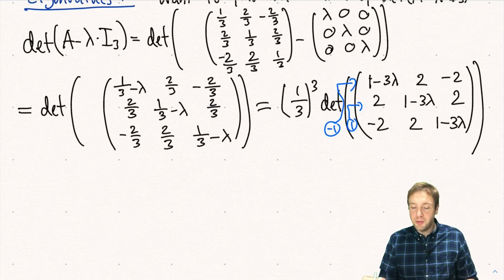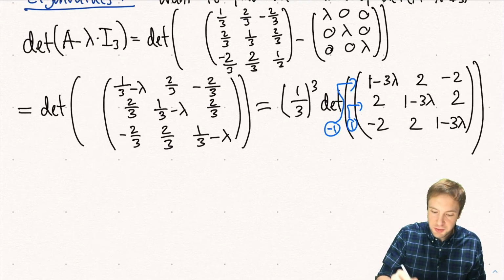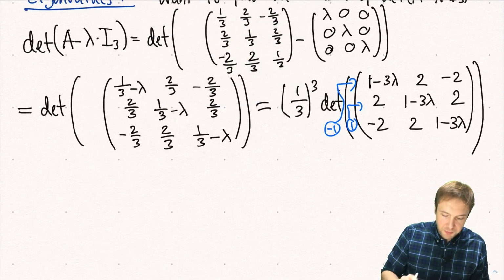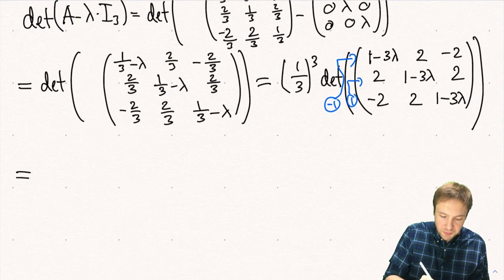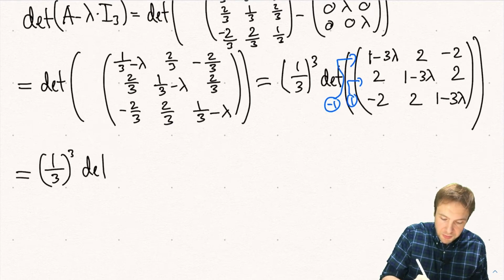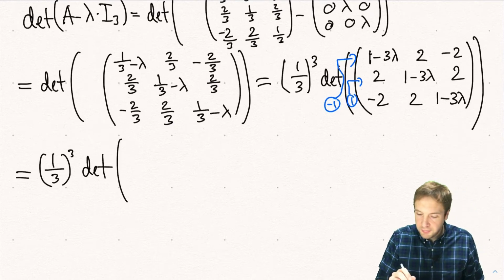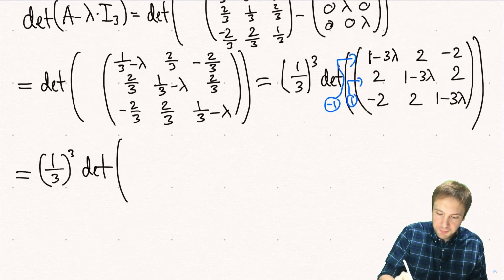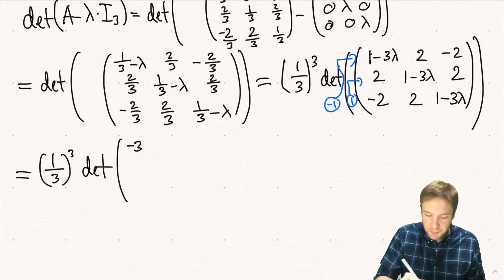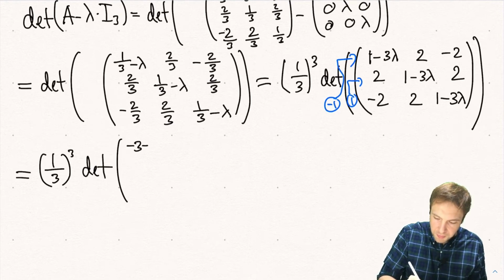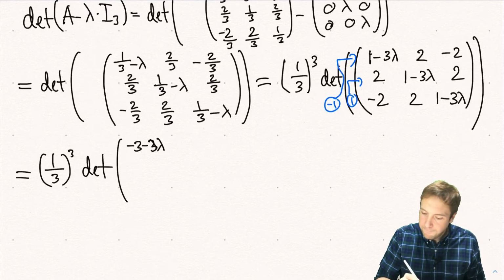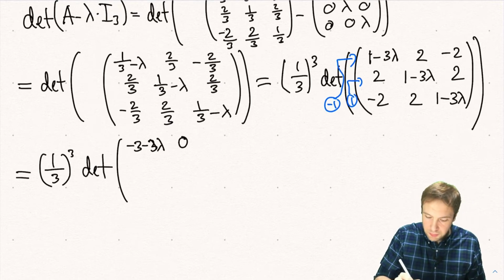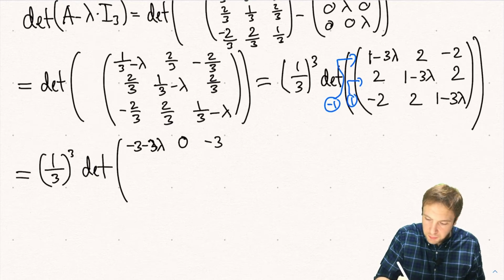So this is row operation 1, which doesn't change the determinant, because adding a multiple of one row to another doesn't change the determinant, so it's still 1/3 to the power of 3 times the determinant. And if I subtract this row from this row, what I get is minus 3 minus 3 lambda, 0, minus 3 plus 3 lambda.